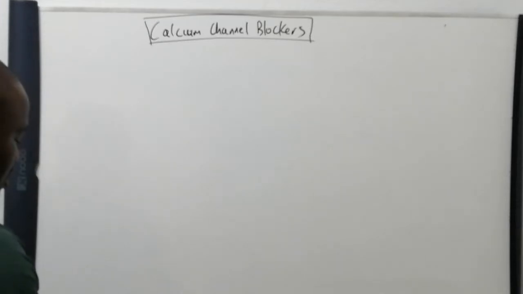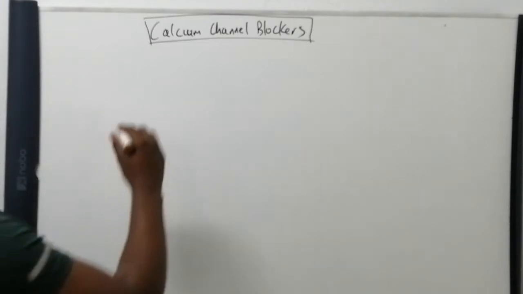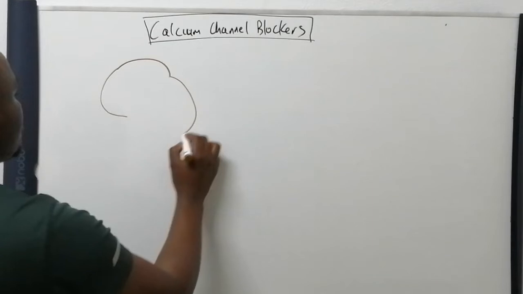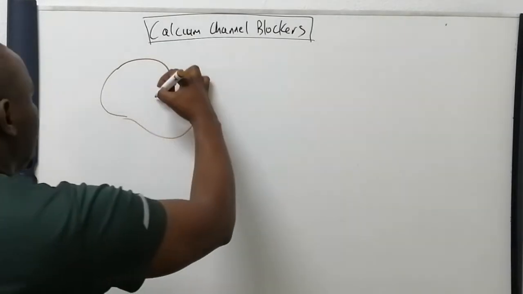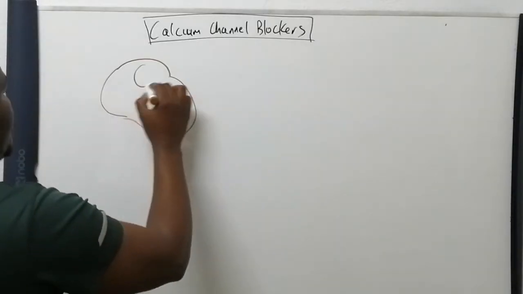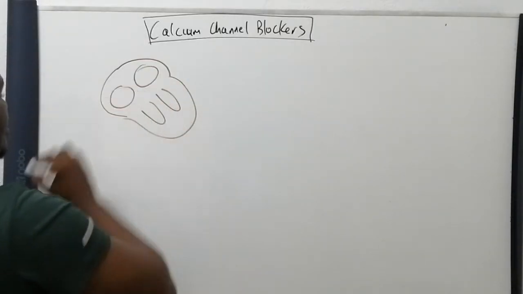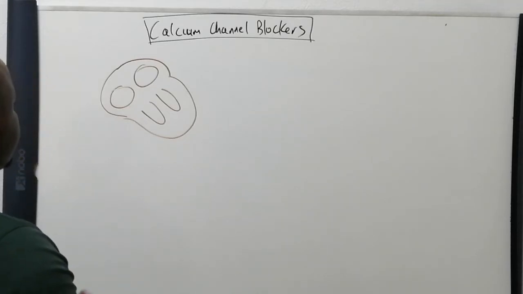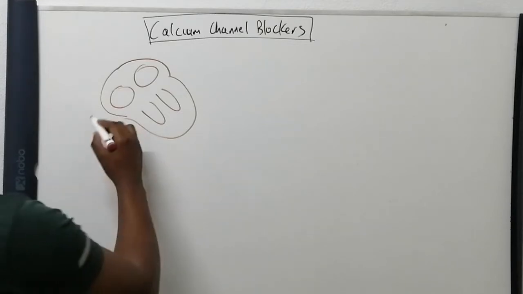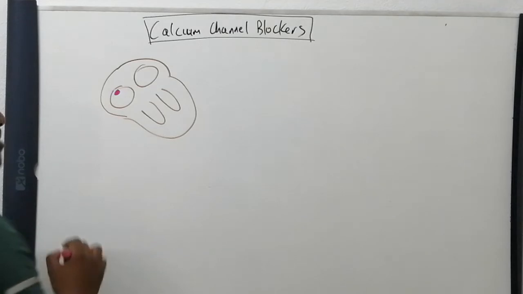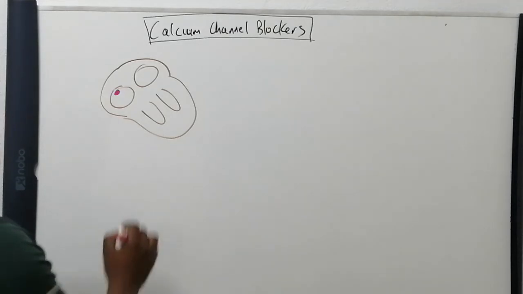So if we go back to the structure of the heart, we've got something like this, and this is our left atrium, this is our right atrium, left ventricle, right ventricle, right? And we know that within the right atrium, just inferior to the inferior vena cava, lies a special structure called the SA node.